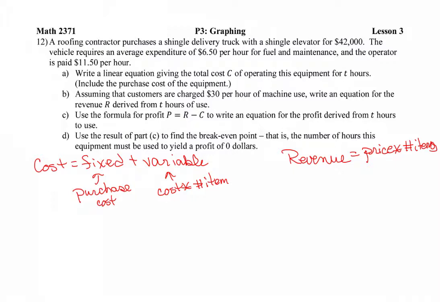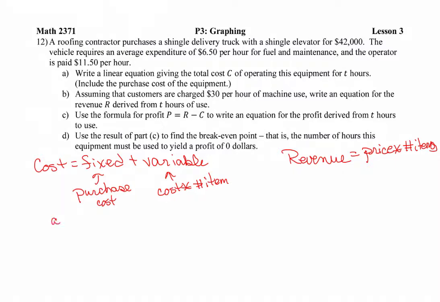The vehicle requires an average expenditure of $6.50 per hour for fuel and maintenance, and the operator is paid $11.50 per hour. Part A. Write a linear equation giving the total cost C of operating this equipment for T hours. Include the purchase cost for the equipment.